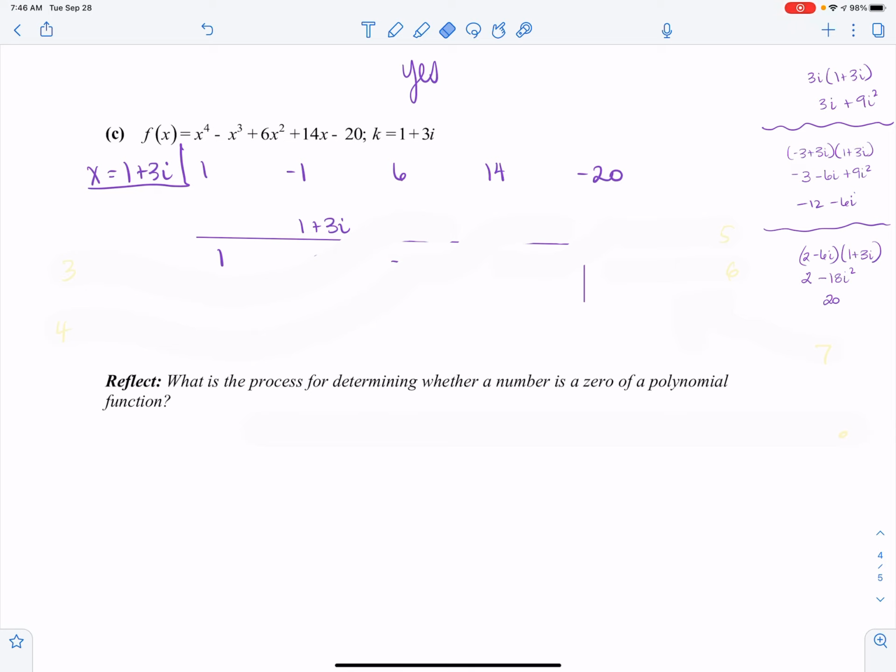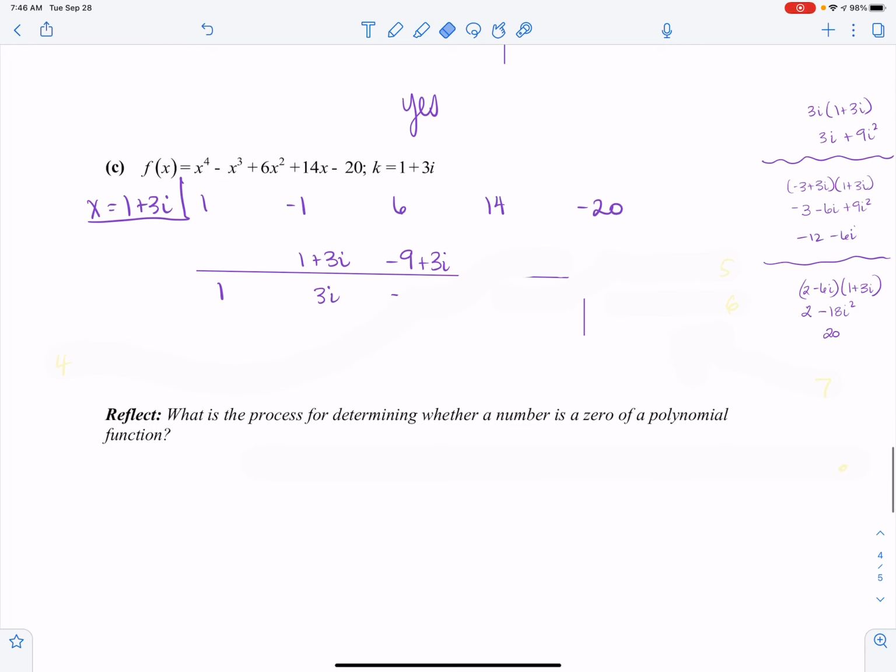When I add, I just combine like terms, and I get a 3i. When I multiply 3i by the box, as you can see in my work over here, I get -9 plus 3i. Add to what's above it, and I have -3 plus 3i.